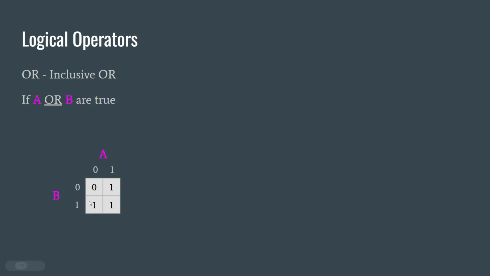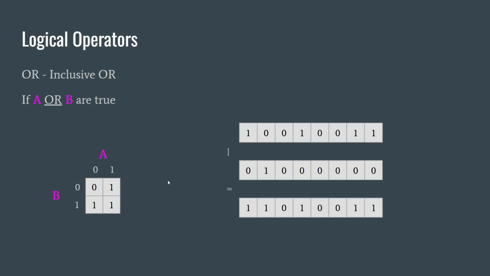Same thing with this position right here. A is 0, but since B is 1, if either of them are 1, then this becomes a 1. And then in the case where both A and B are 1, that's okay because either of them is still 1. And so that's the truth table for the inclusive OR.